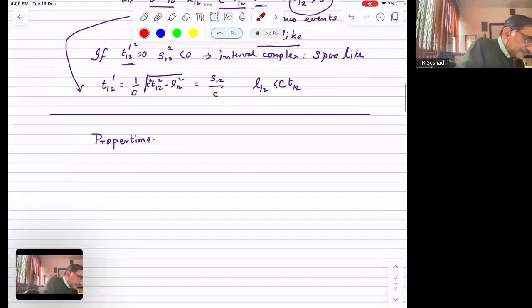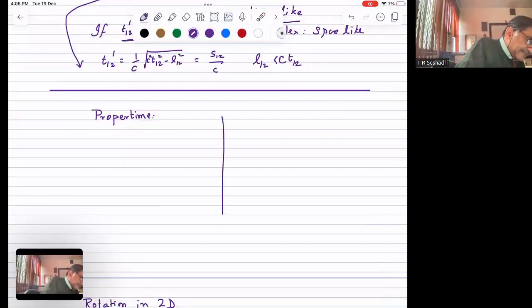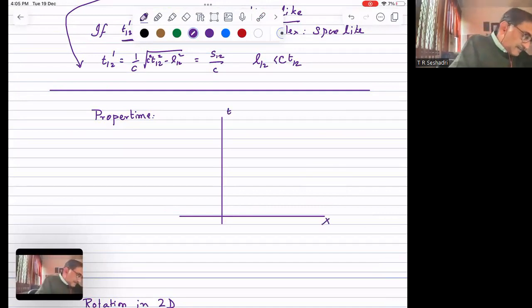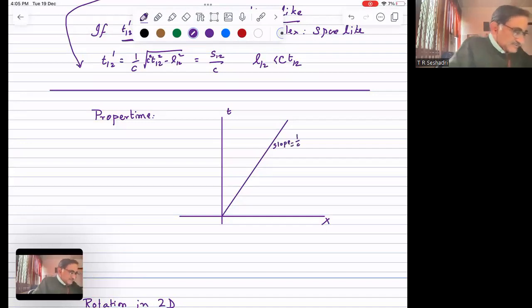Now, to give you an example, I'll take just one space and one time dimension. This is the path of light. The slope is equal to 1 by c because it is T versus S. Now, if the event is here and here, then it is within the light cone, and this is time-like.